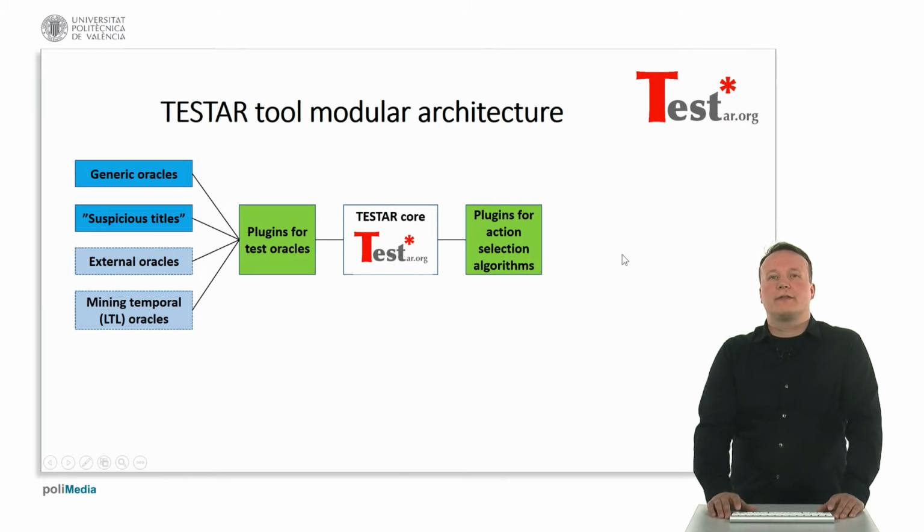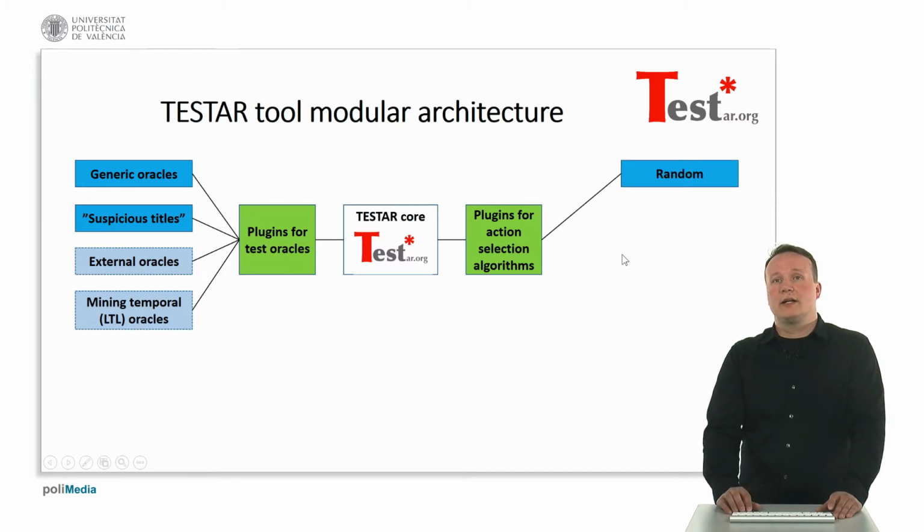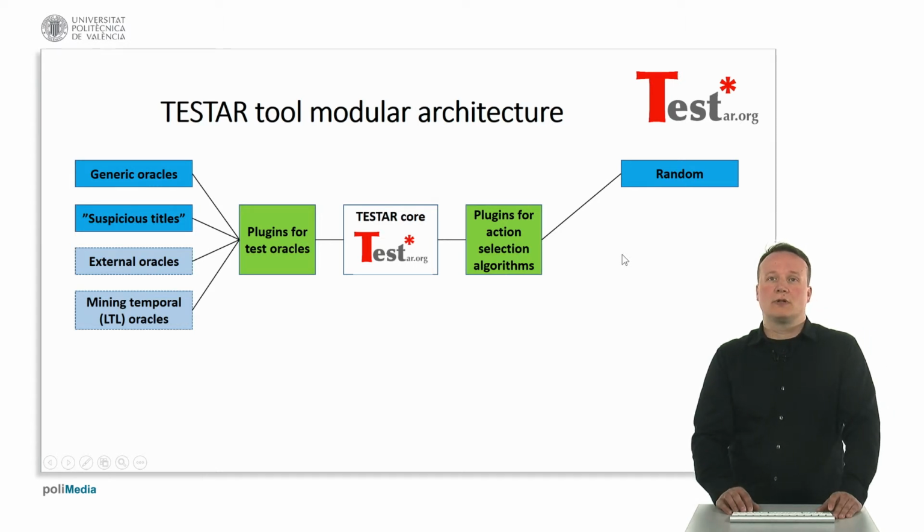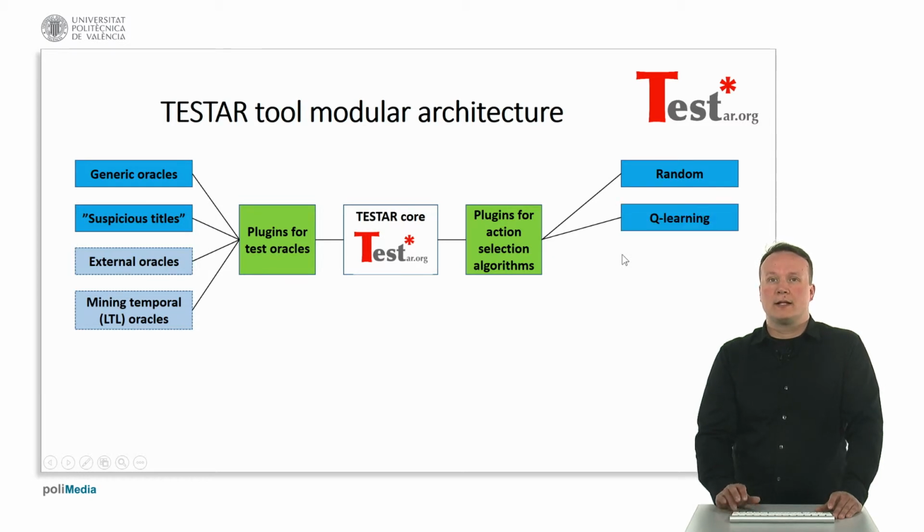Another direction of extensions is plugins for action selection algorithms, and there are several of them already implemented. The most basic is random, and that's the default behavior of TESTAR if you don't choose something else. But there's also one implemented for Q-learning, which basically uses a reward function to try to select actions that have not been selected before, and over time it finds new actions to execute.